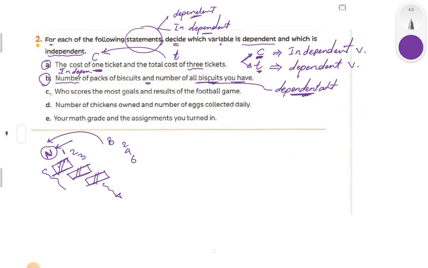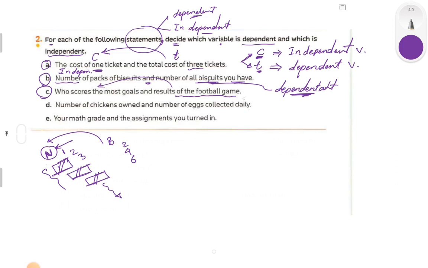on the number of bags. C, who scored the most goals and the result of the football game. Of course, the result of the football game depends on who scored the most goals, because the team who scored the most goals will win the game.